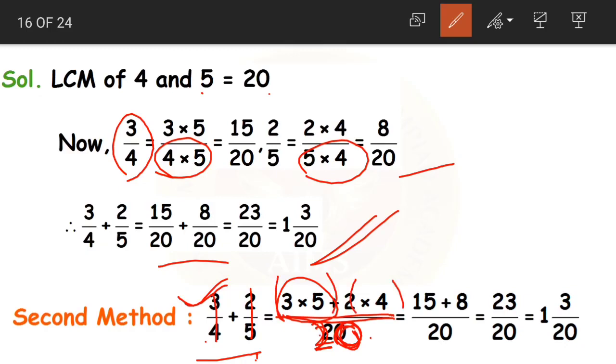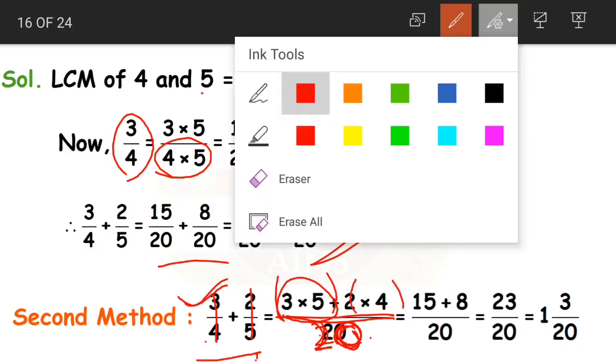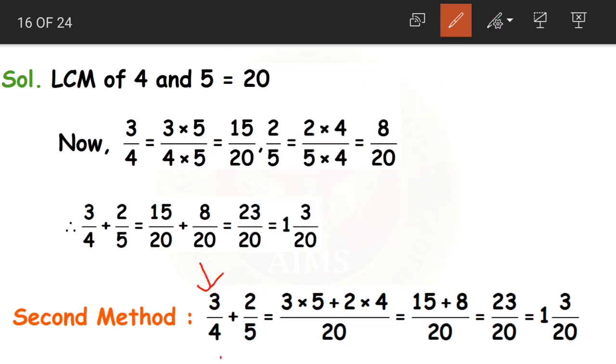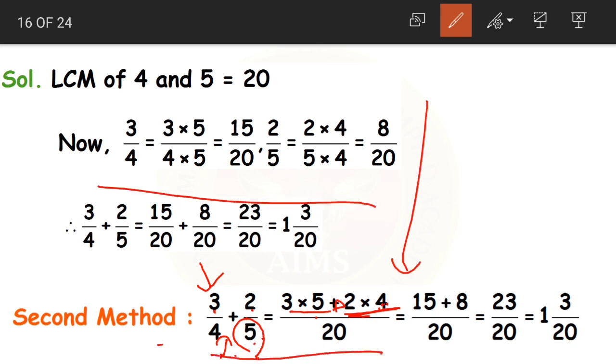For 3 by 4, the denominator is 4, so we need to multiply with 5. 3 into 5 plus, for 2 by 5, the denominator is 5, so we need to multiply the numerator with 4. Why? Because 5 4s are 20. Clear, students? Both the methods are the same. This one is just easier, with fewer steps compared to the first method.